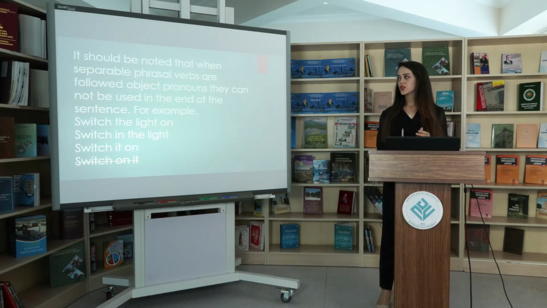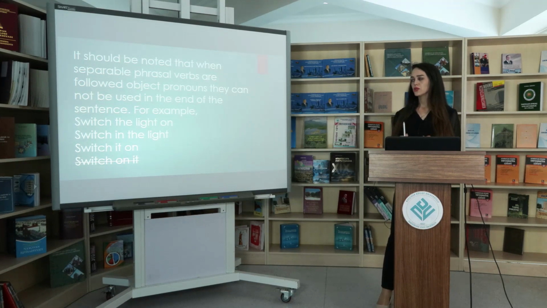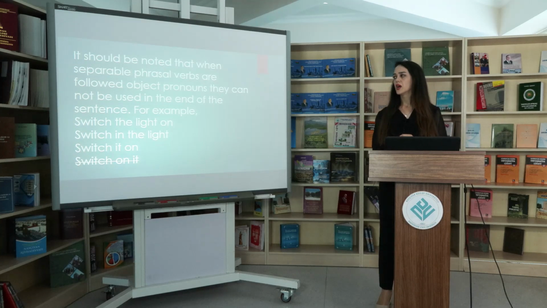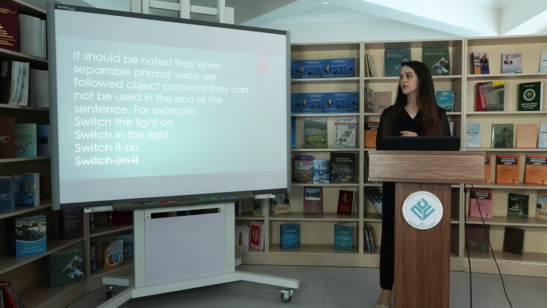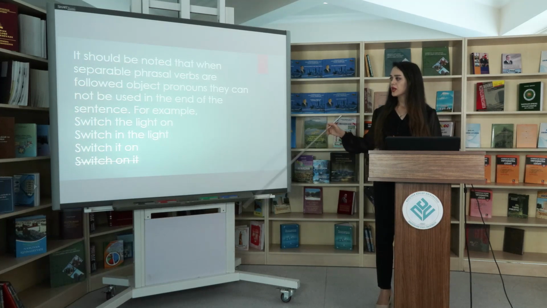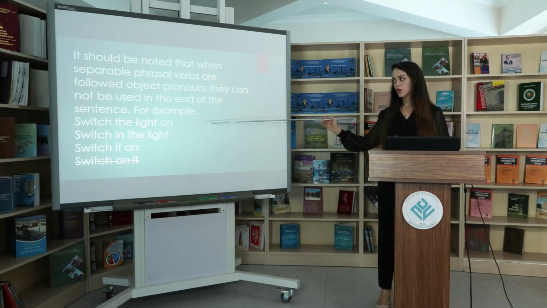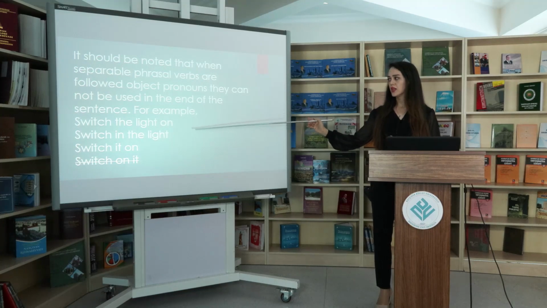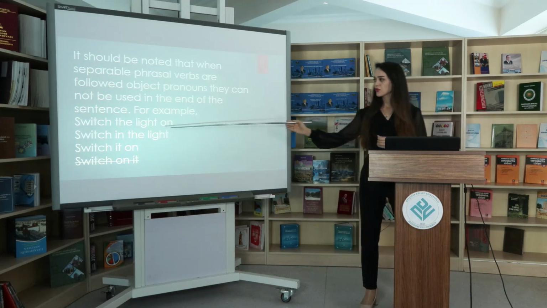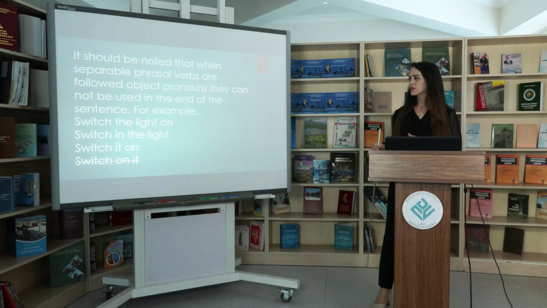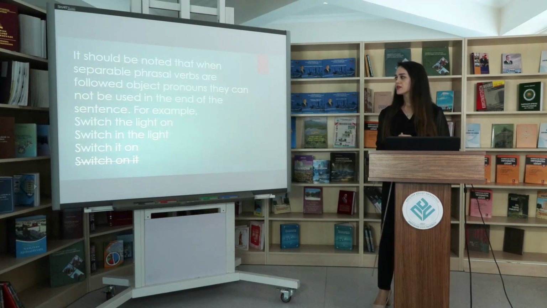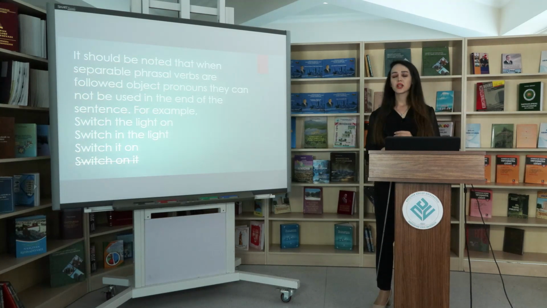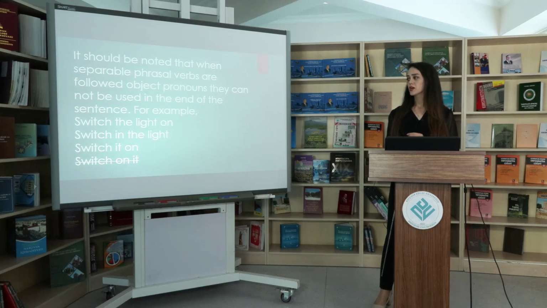Switch on is always used with the light or other electronic devices. So, switch the light on or switch on the light. Here I made a mistake, it should be on. Sorry for my mistake. So switch on the light or switch the light on. Both of them are correct.